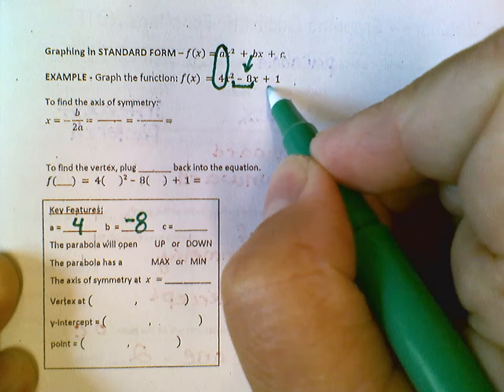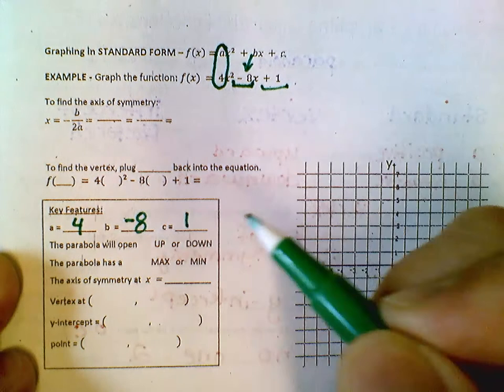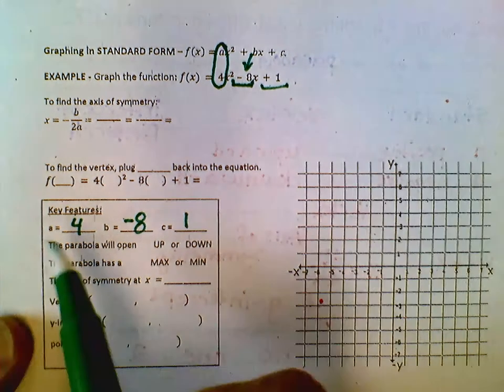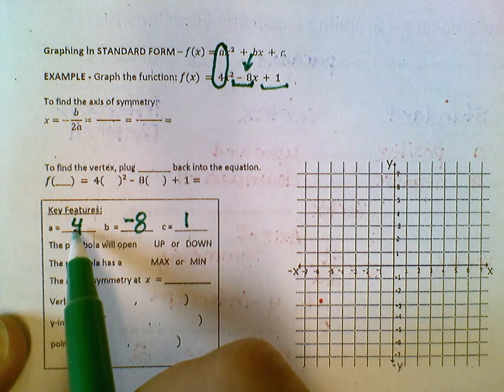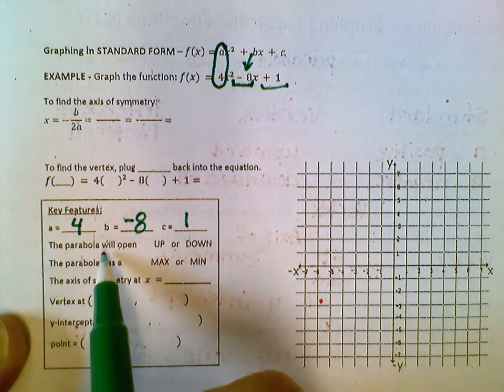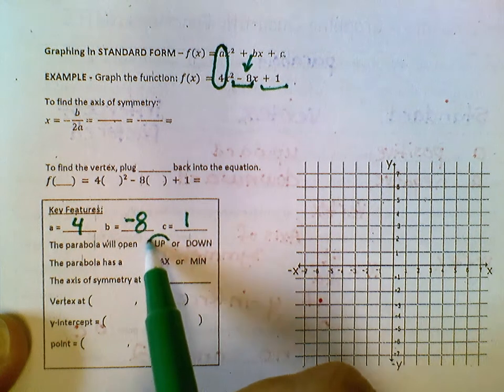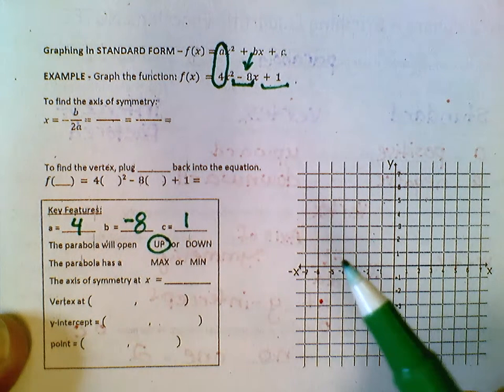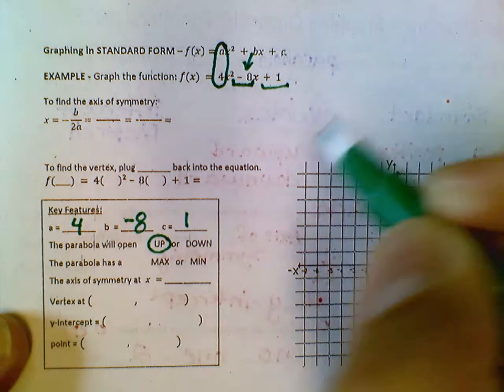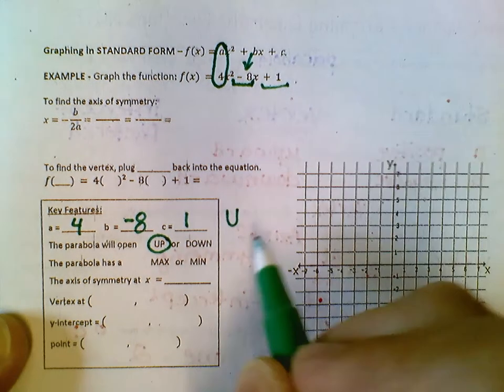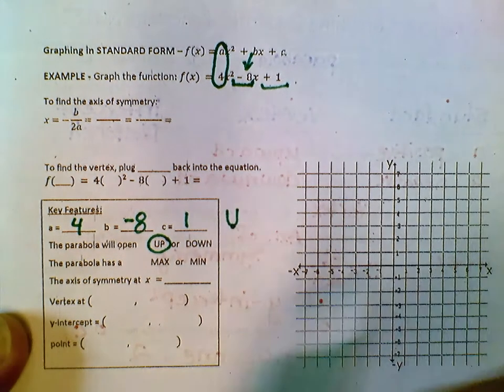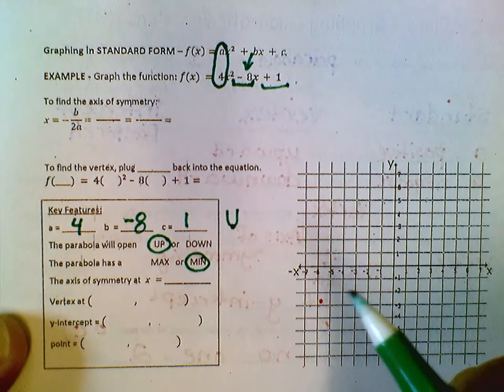And c is that last constant term. I'm looking at my a value, which is a positive a value, so that tells me my parabola is going to open upward. And if a parabola opens upward like this, then that means there is a minimum value.